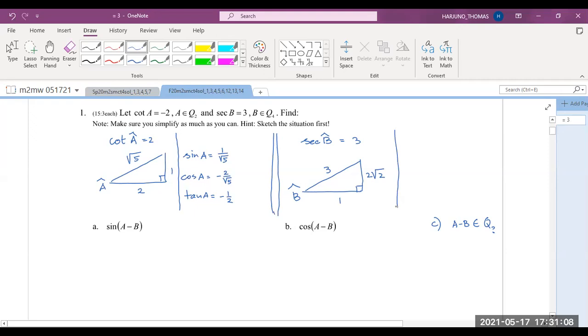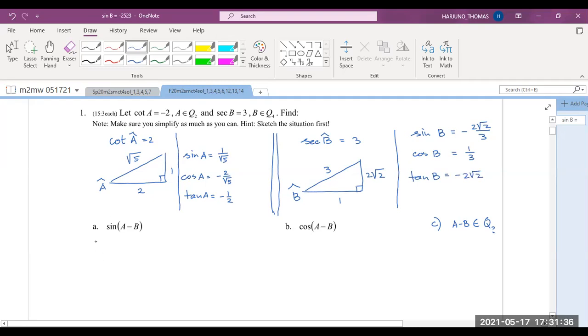Now from there, sine B: B is in quadrant 4, so sine is negative. That's 2 radical 2 over 3. Cosine B is just the reciprocal of secant B, that's 1/3. Tangent B will be negative 2 radical 2 over 1.